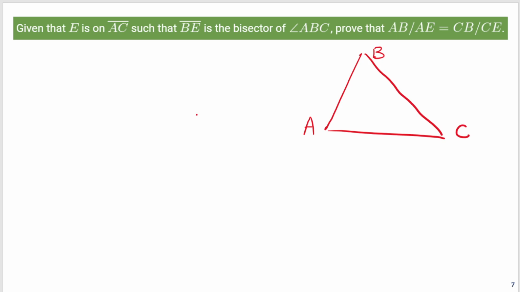E is on AC such that BE is an angle bisector of angle ABC, which means this angle equals this angle. So can you prove AB over AE equals CB over CE?